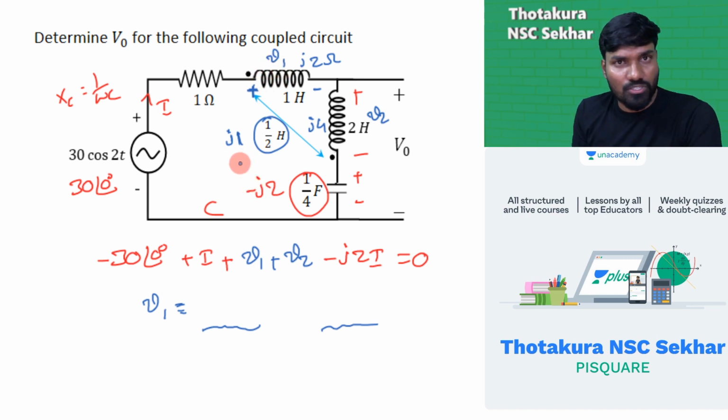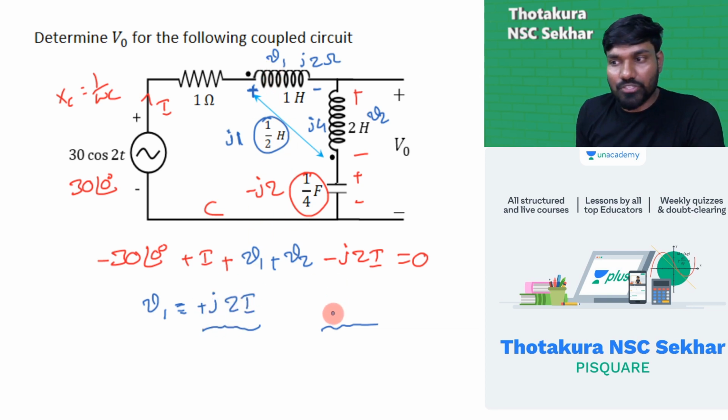Current entering is positive, passive sign convention is followed. So plus I into J2 ohm, simply plus J2 into I is the self-induced EMF.